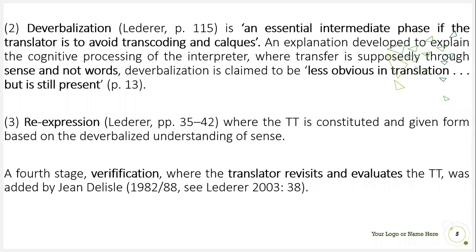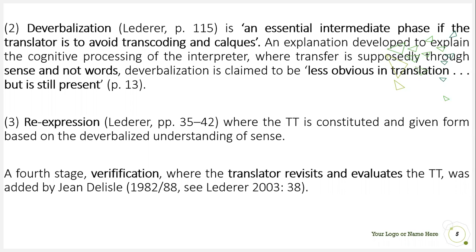And there is another stage, the fourth stage, that is called verification. Verification, where the translator revisits and evaluates the target text. Re-expression is the writing of the text, translating from the source text to the target text.